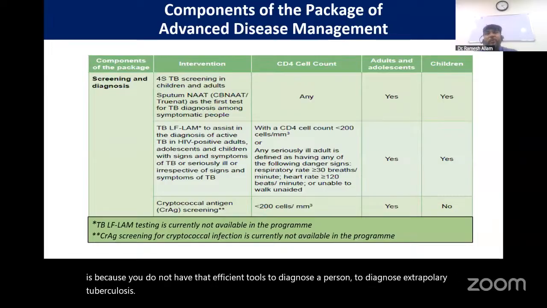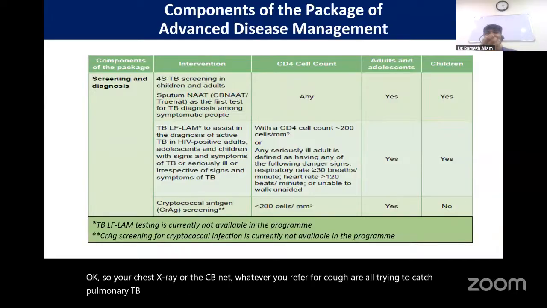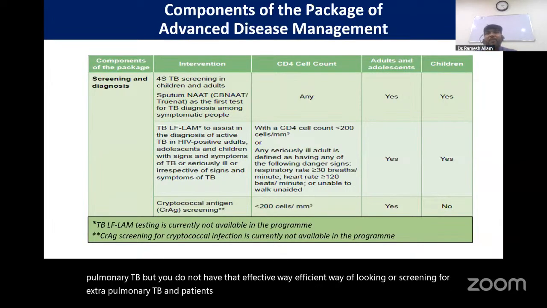Your chest X-ray or the CBNAAT, whatever you refer for cough, are all trying to catch pulmonary TB, but you do not have an efficient way of screening for extrapulmonary TB. And patients with severe immunocompromise or advanced HIV disease usually present with extrapulmonary tuberculosis.